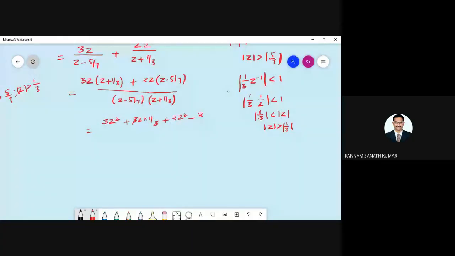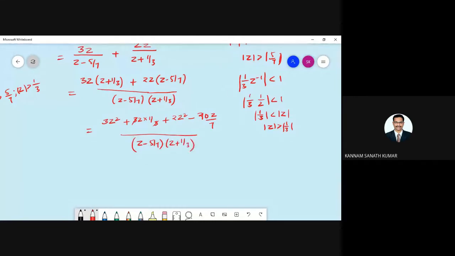Okay, so 10z by 7, divided by z minus 5 by 7 into z plus 1 by 3.